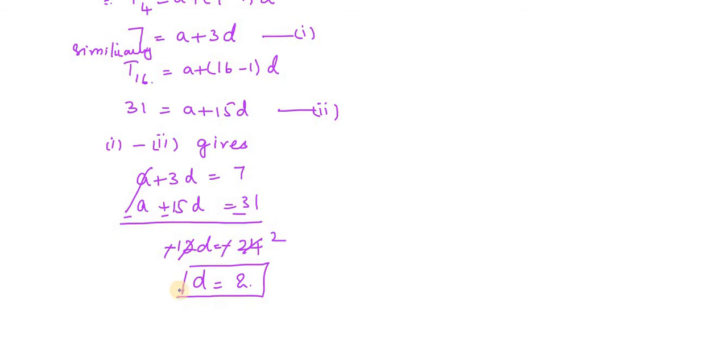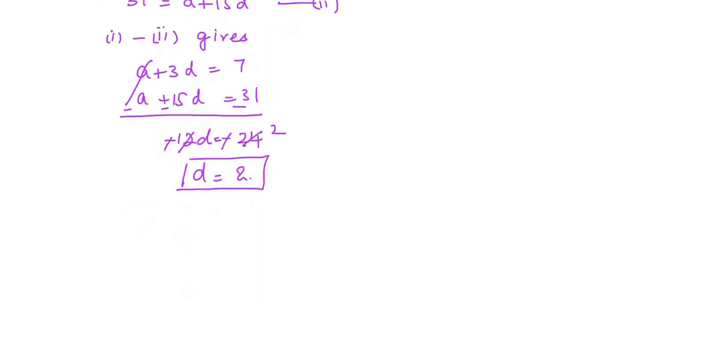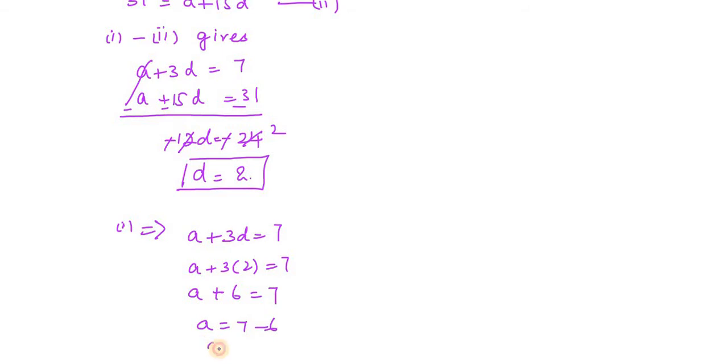Put the value of D in either equation number 1 or 2, and we get the value of A. So equation number 1 implies A plus 3D is equal to 7. We put the value of D in the place of D and get the value of A. So A is equal to 1 and the common difference is equal to 2.